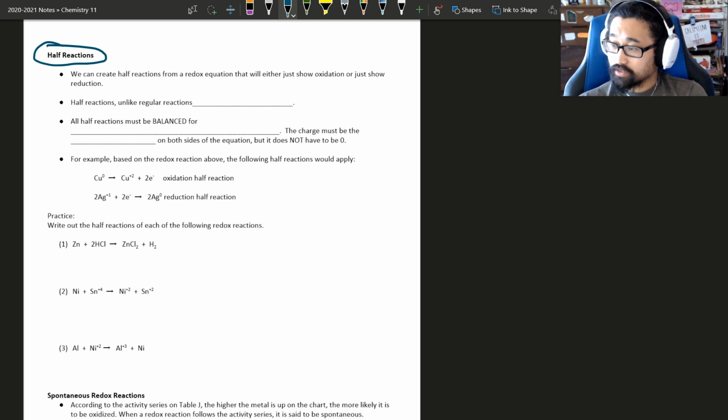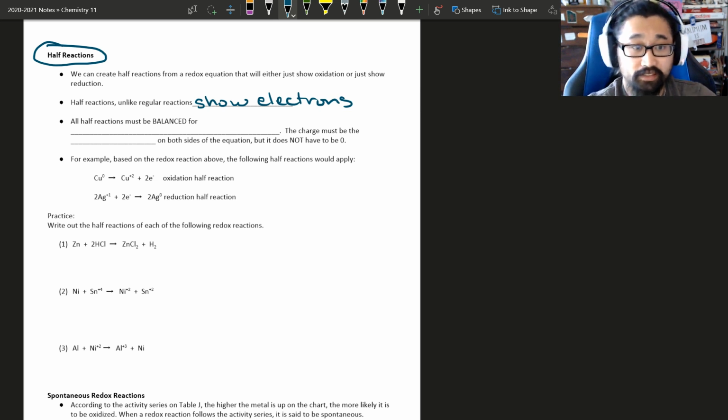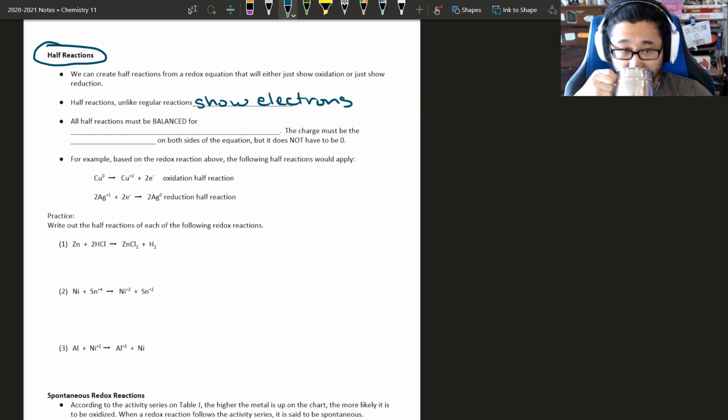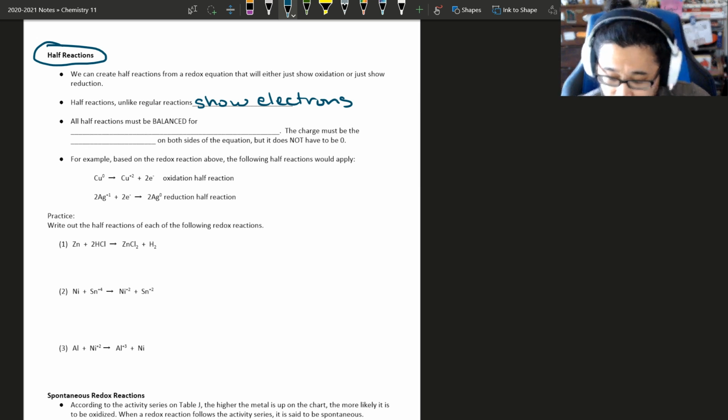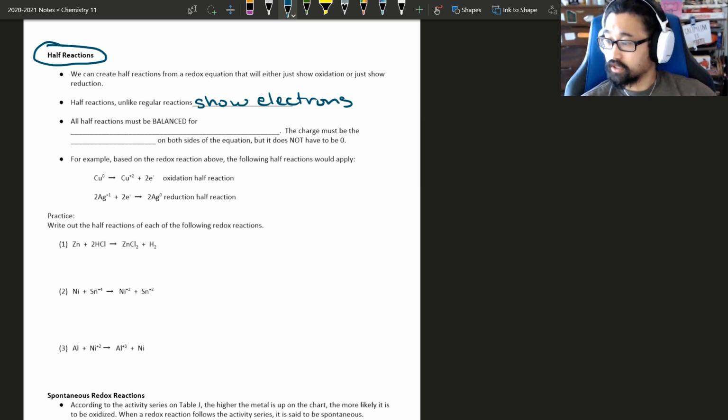Half reactions, unlike regular reactions, show electrons. So this is the first time we're going to see electrons in an actual chemical reaction. Now, half reactions are still chemical reactions, which means they must be balanced for both mass and charge.